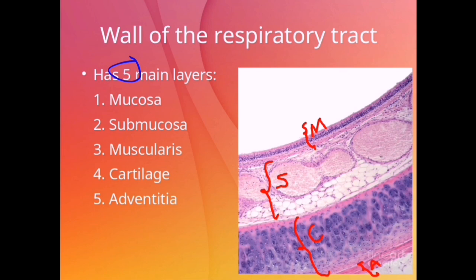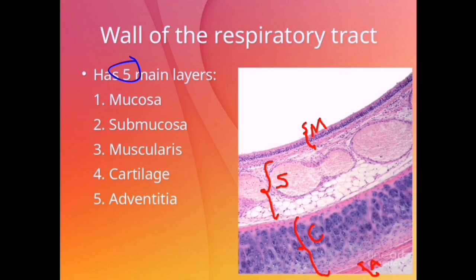Beneath the lamina propria we have the submucosa. This submucosa also has connective tissue, but within the respiratory tract we find an unusual loose connective tissue in the submucosa. This connective tissue has the usual elements of connective tissue, and the glands can also be found in the submucosa together with the mucosa associated lymphatic tissue.